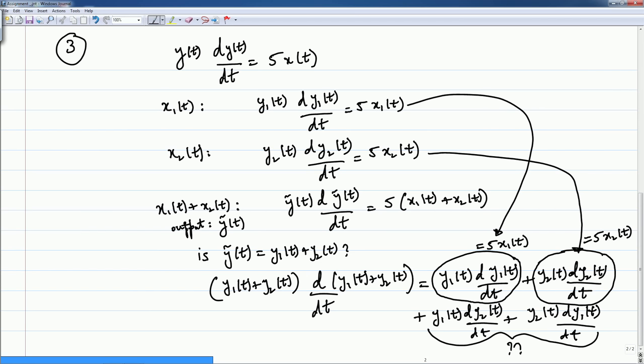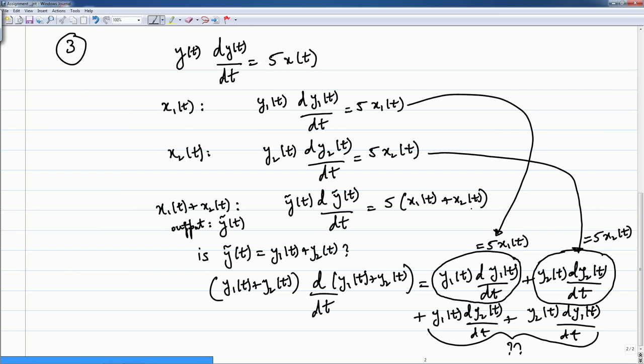On the other hand, what happens if you put in y tilde of t in this equation? y tilde of t dy tilde of t by dt equals 5 times x1 of t plus x2 of t. Now, if you look at these two equations, y1 of t plus y2 of t satisfies this complicated equation with these mixed terms. On the other hand, y tilde of t dy tilde of t by dt is simply equal to 5 x1 of t plus 5 x2 of t.